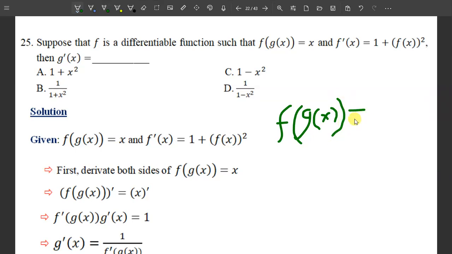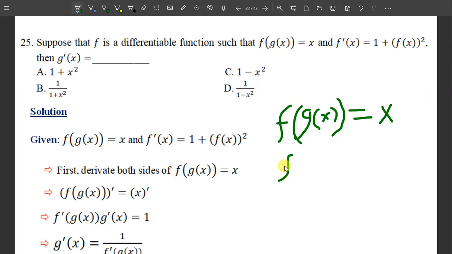Here we begin from this one, then differentiate both sides. Differentiate this side as well as this side. The derivative of f of g of x, just apply the chain rule here.